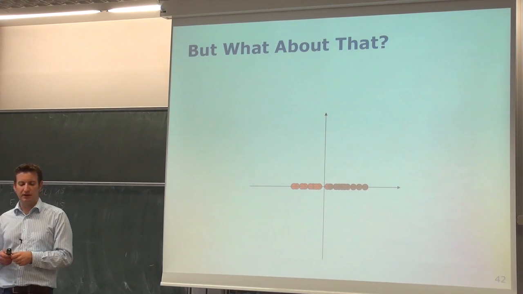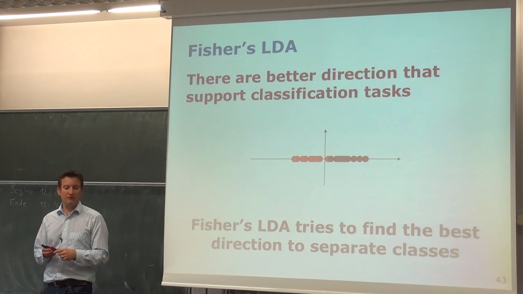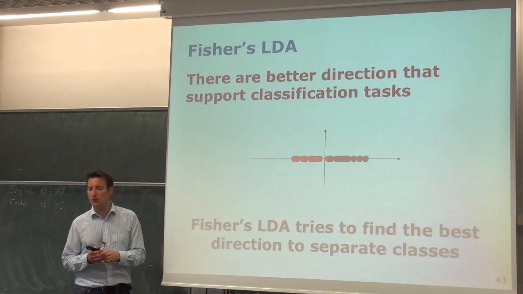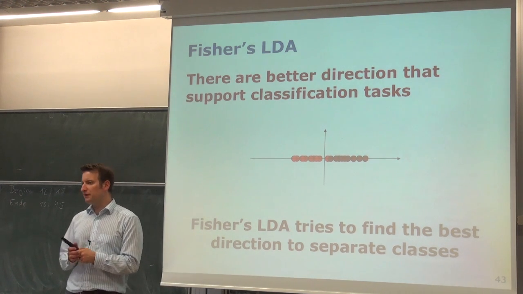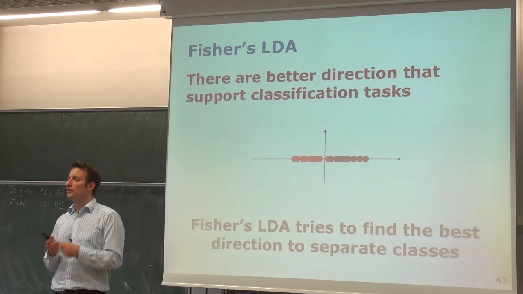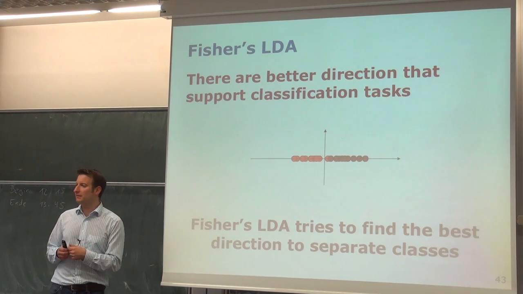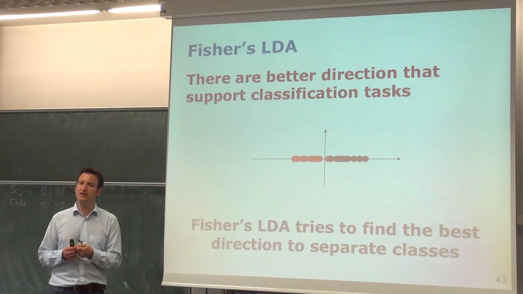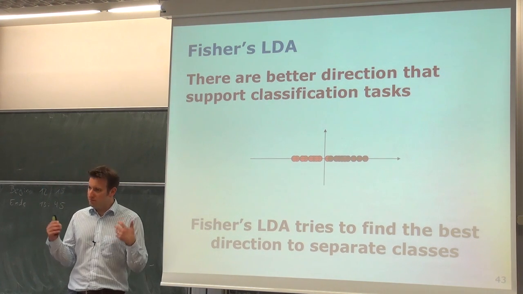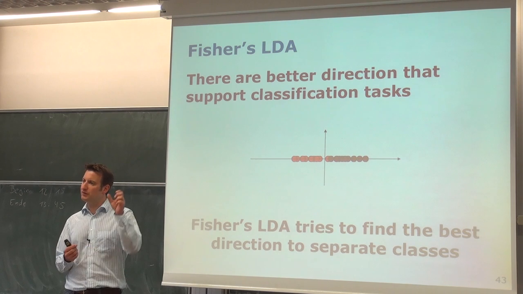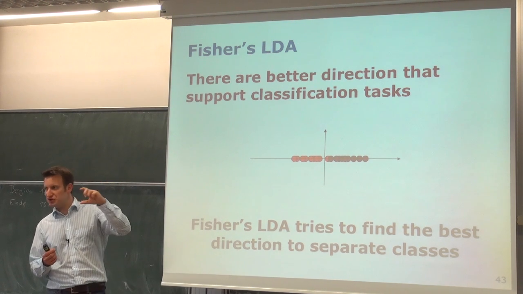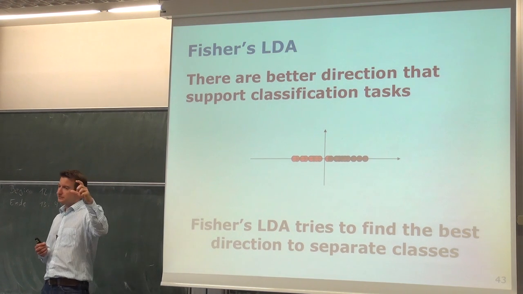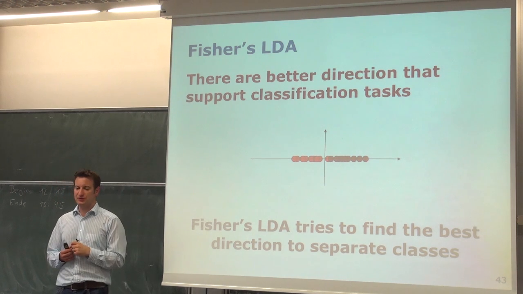And this was the main goal of Fisher's linear discriminant analysis. What we want is to find a dimensionality reduction so that the classes can be separated well by a classification system later on. So my objective function is now not to minimize the reconstruction error, in terms of the difference between the original data points and the data points mapped to the d-dimensional space.